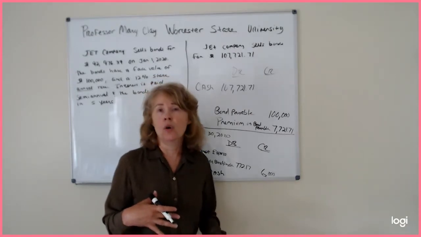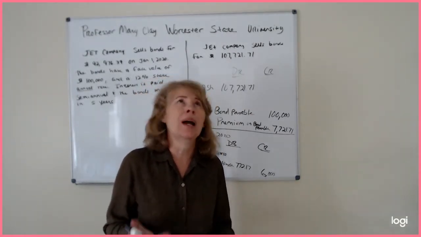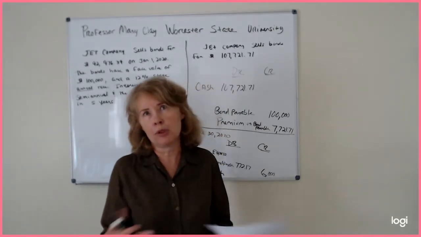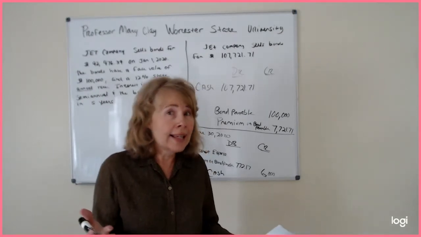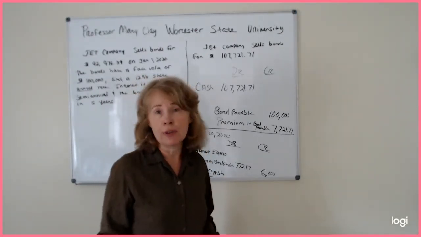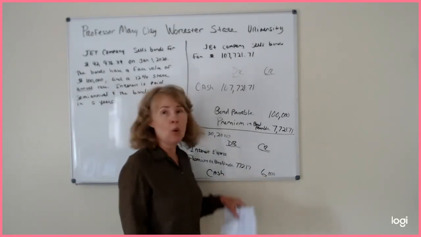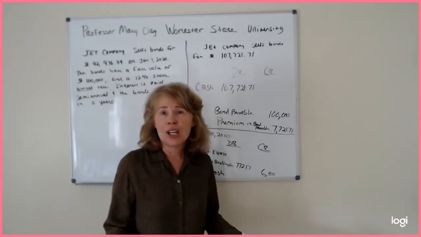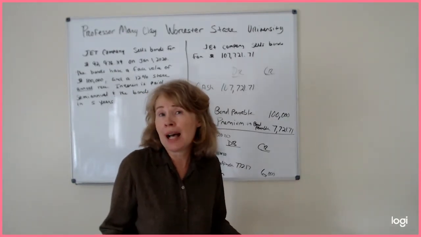Students always say to me, Professor Clay, sometimes I forget. Do I add when it's a premium? Do I subtract? Just know with accounting 1, your journal entries have to balance. You have a credit here. You have a debit. Well, what do you need in order to balance? You need to subtract this difference. If you didn't, you would not balance out.